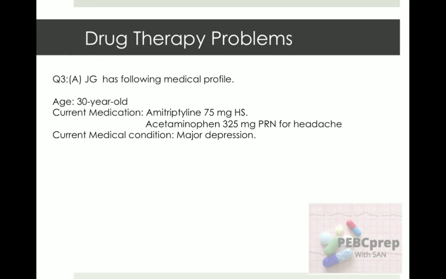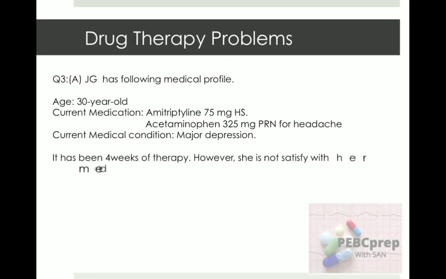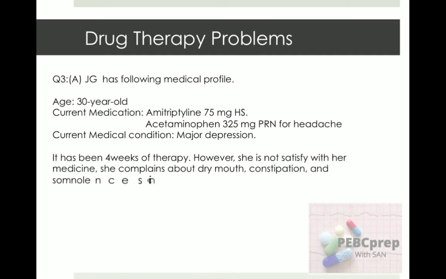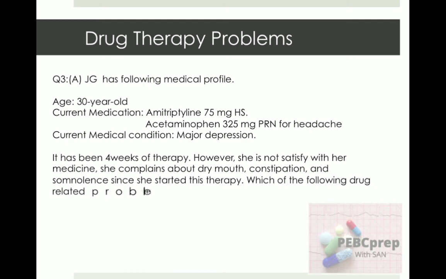Current medical condition is major depression. It has been 4 weeks of therapy, however, she is not satisfied with her medicine. She complains about dry mouth, constipation, and somnolence since she started this therapy. Which of the following drug related problems is she experiencing?